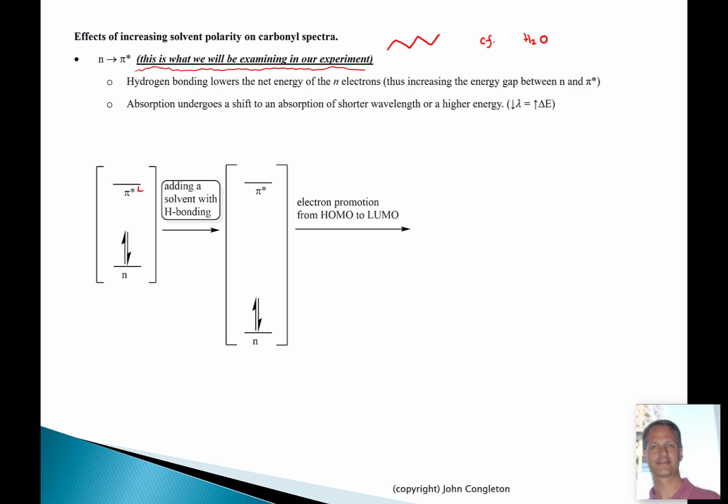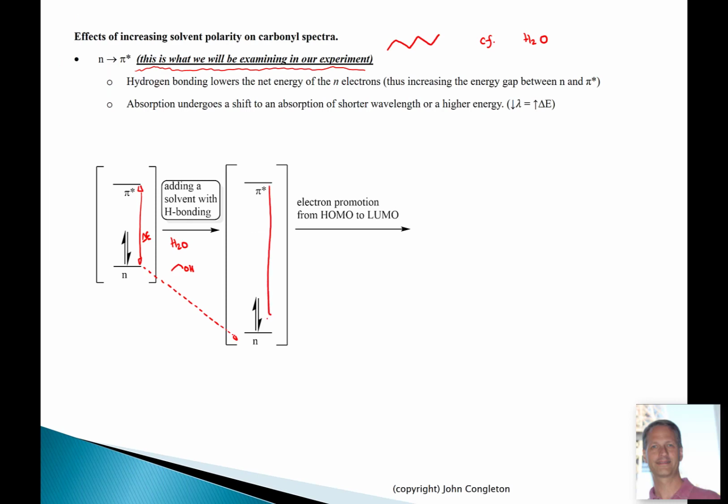Remember that this is our delta E here. When we add a solvent with H bonding, for example water or ethanol, it causes our n to become lower.